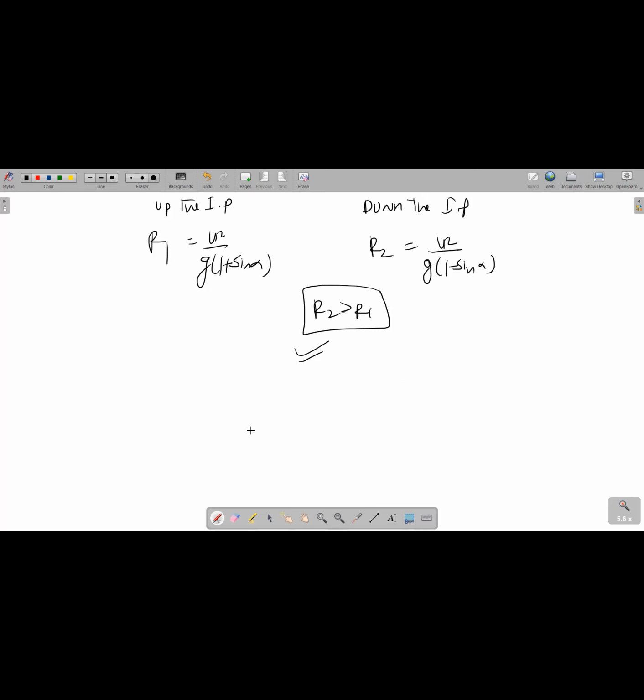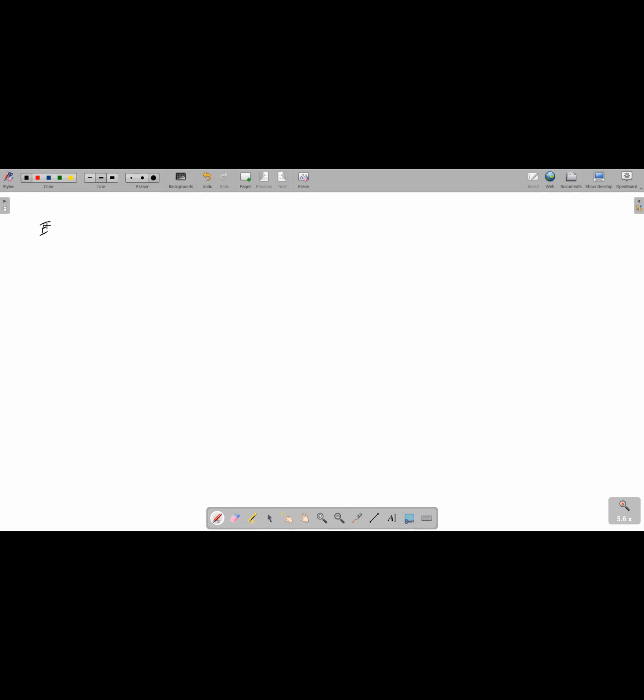Okay. Let me give you one question. Now theory is over. We'll talk about some questions. This is the inclined plane, and this is the angle of inclination alpha.